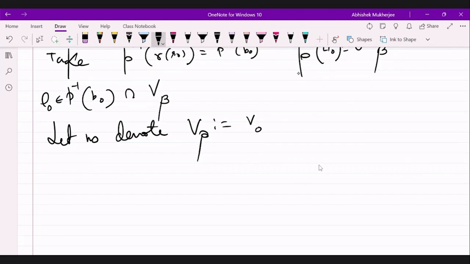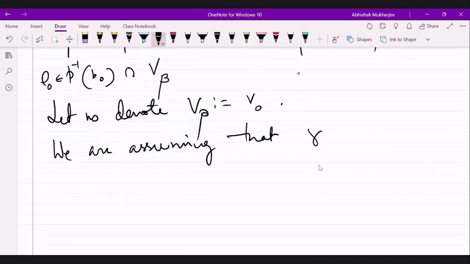Okay. Now I am defining, so we are assuming that the lifting of that gamma is supposed to satisfy this property that gamma tilde of S naught, because we have already seen the definition of a lifting.